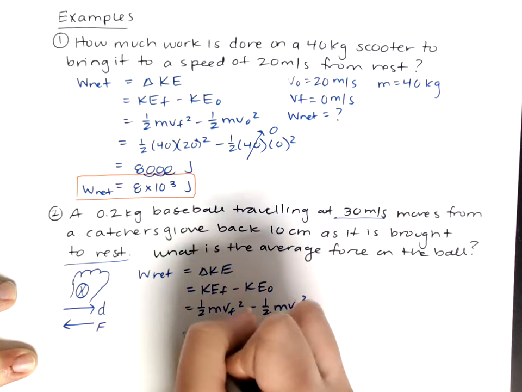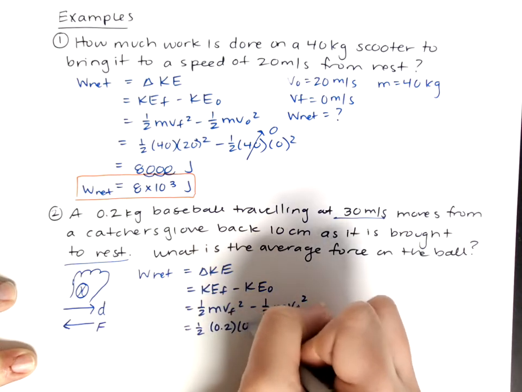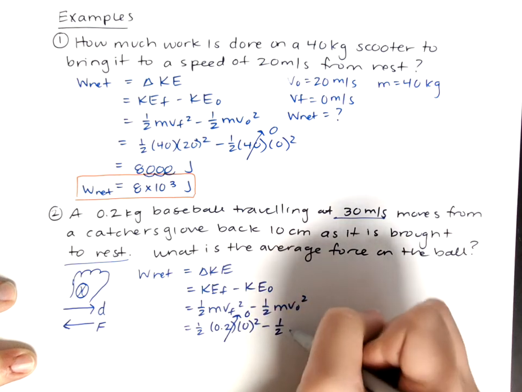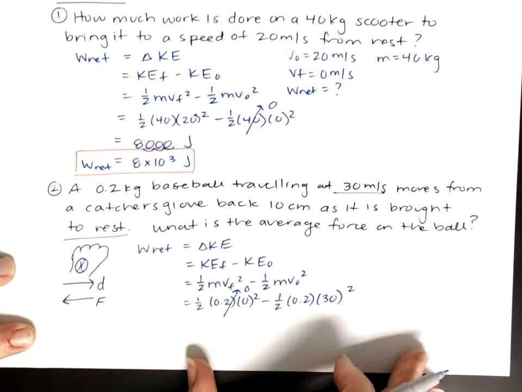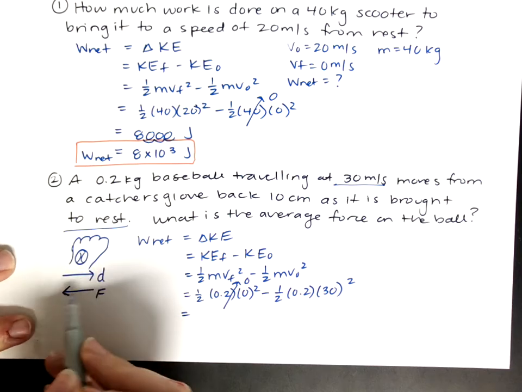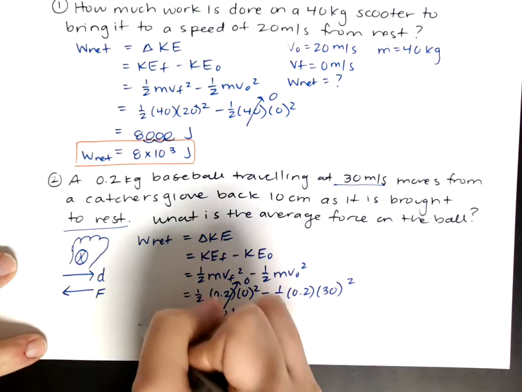So its V final is 0. So we get 1/2, and our mass is 0.2. V final is 0, so that cancels this whole term out. And so you get a negative work, which explains this. So our picture explains that that's okay. So we get a negative 90 joules when you multiply that out.